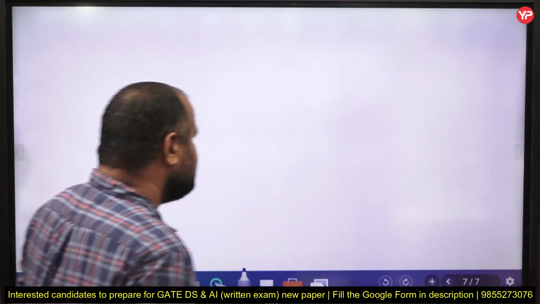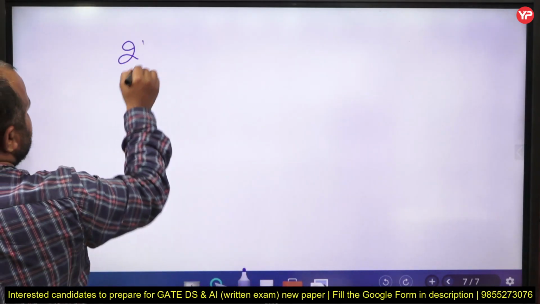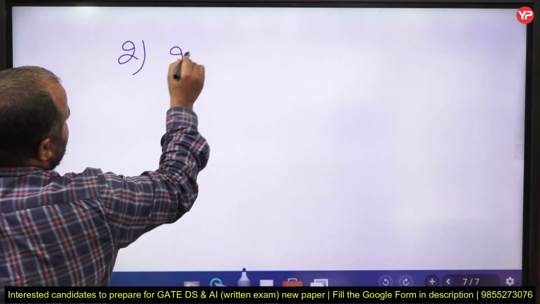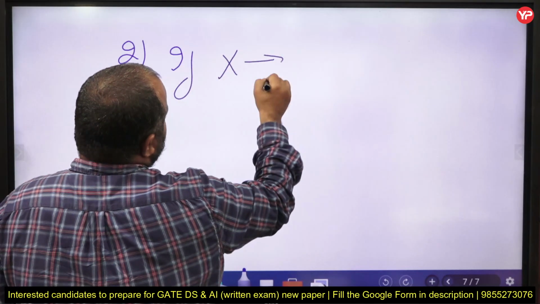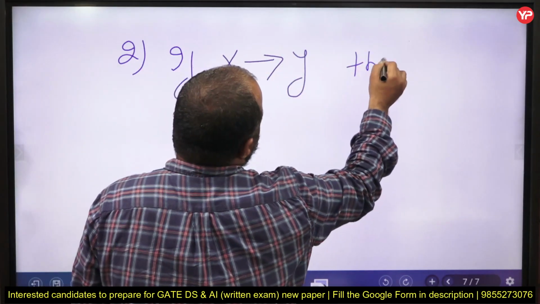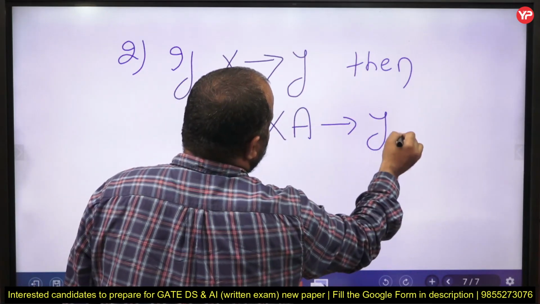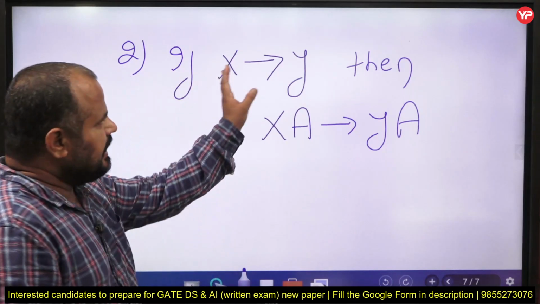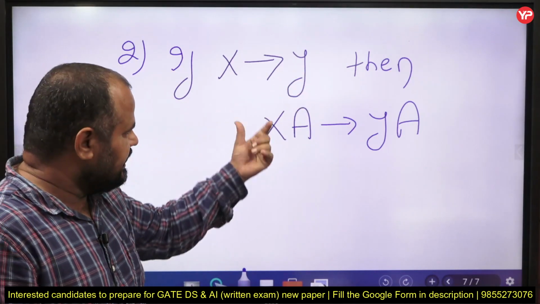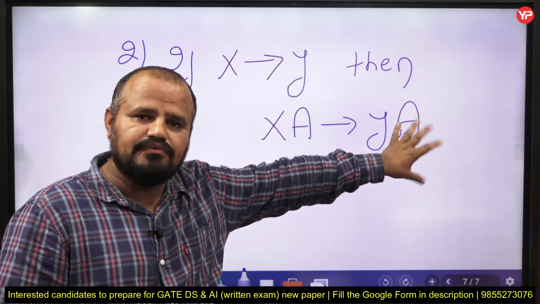In the same manner, we have one more property, that is the augmentation property. That means if x determines y, then we can also say XA determines YA. If x uniquely determines y, then XA also uniquely determines YA.